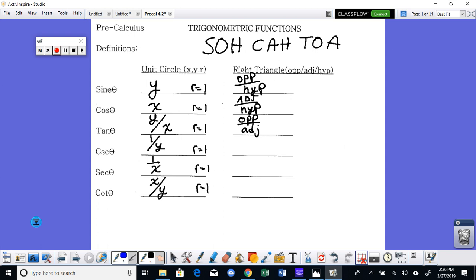All right. Cosecant is sine flipped, so it's hypotenuse over opposite. Secant is cosine flipped, so it's hypotenuse over adjacent. Cotangent's tangent flipped, so it's adjacent over opposite.